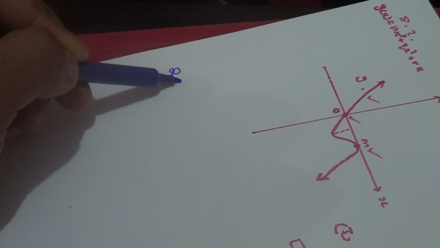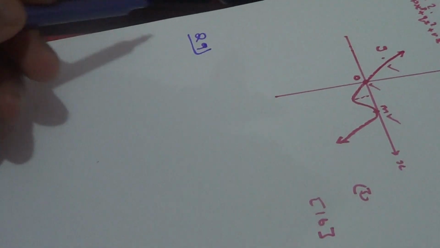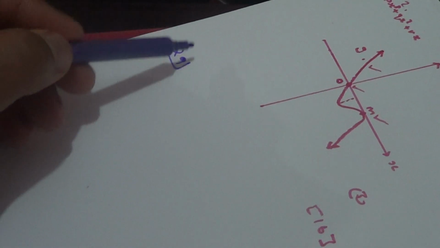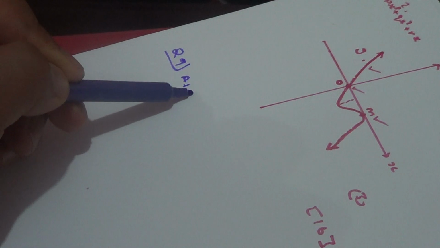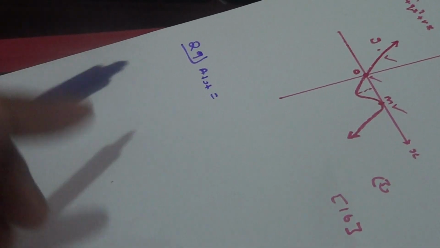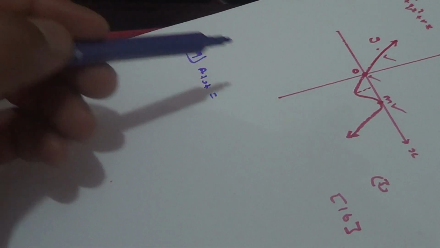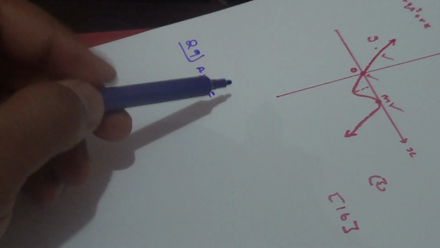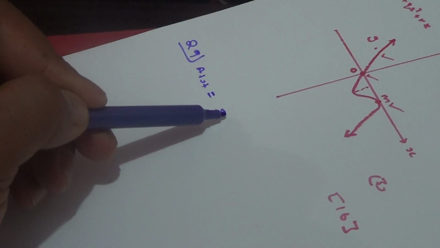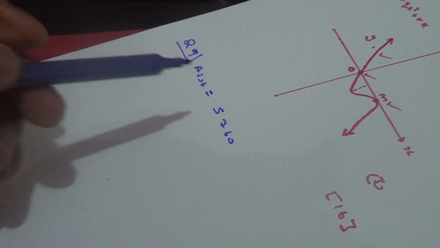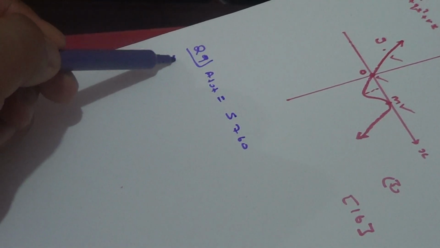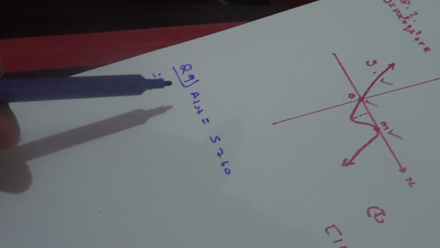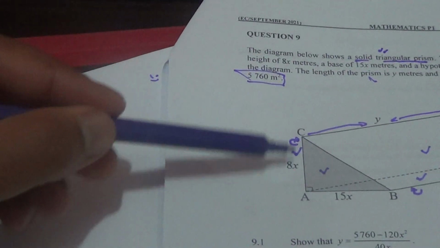So question 9, what do we have here? So we know that A total is going to be equal to 5,760. So that was given. But what does this imply? Now A total is the triangular surface first.